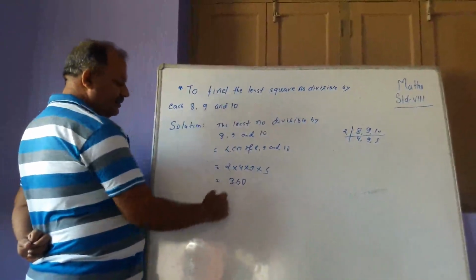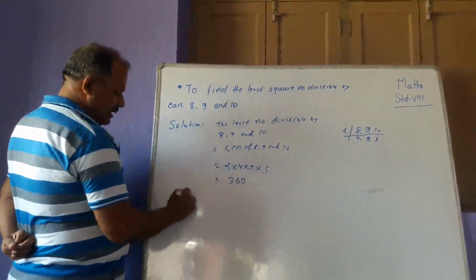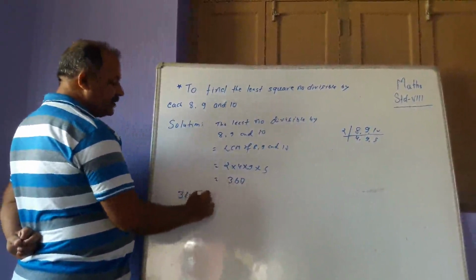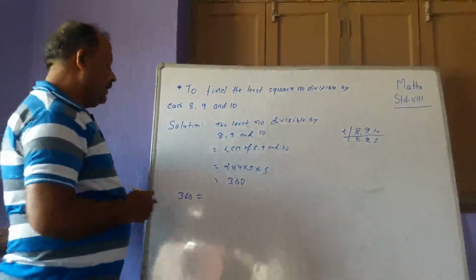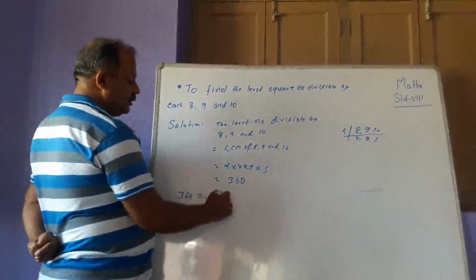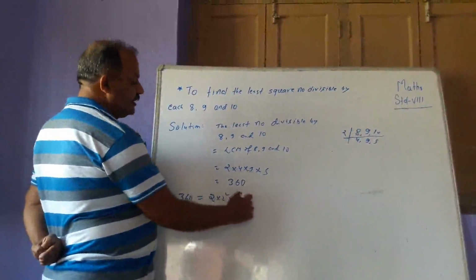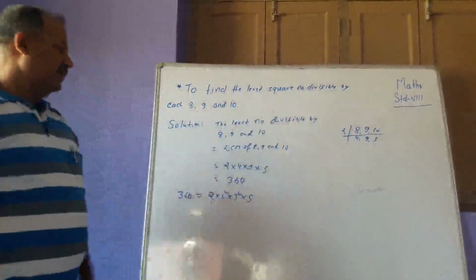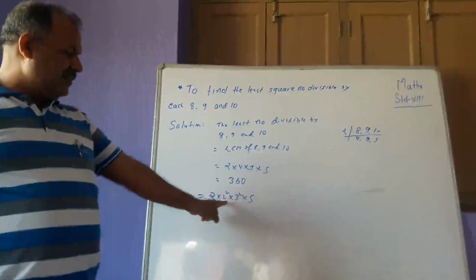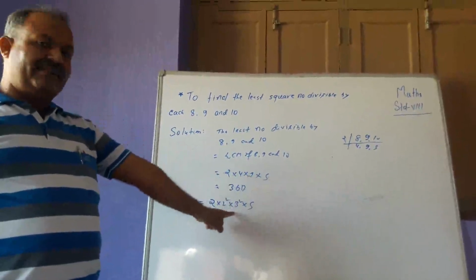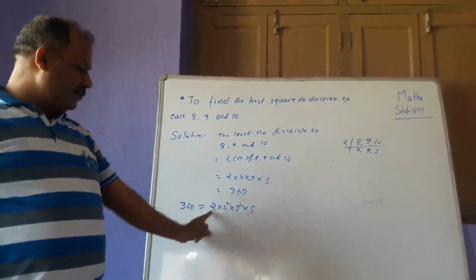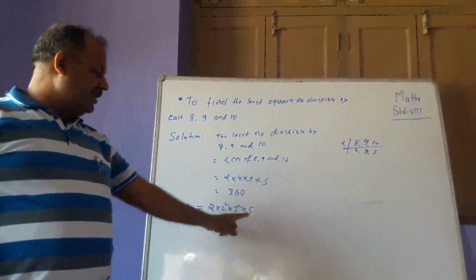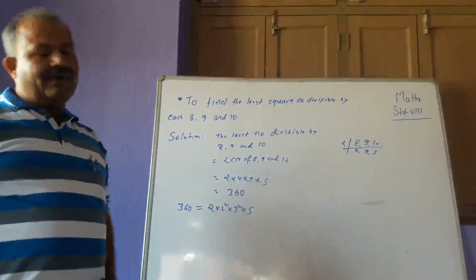While we find the prime factorization of 360, we get 2 into 2 square, 3 square into 5. 4 will be written as 2 square and 9 will be written as 3 square. Here 2 and 5 are left unpaired and 2 and 3 are already paired.